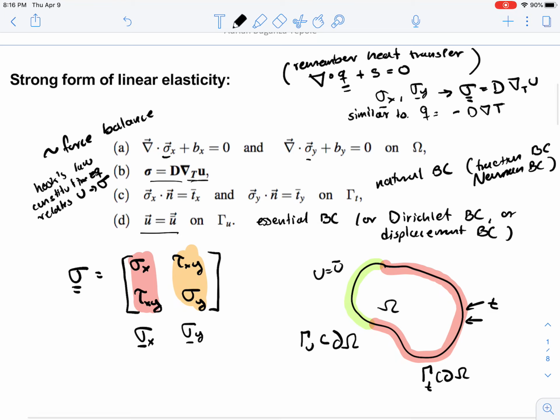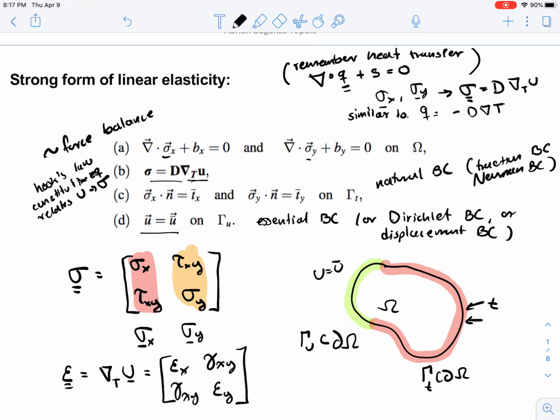And then this gradient of u, that is the strain actually. And that one is also symmetric and has these different components.